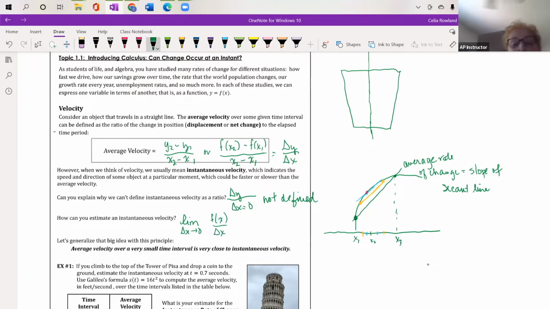I'm trying to think, I don't want to write f of x, so I think I want to write my y's. So I'm going to say my delta y, and then this is going to give me the derivative. So this is the symbol for derivative.